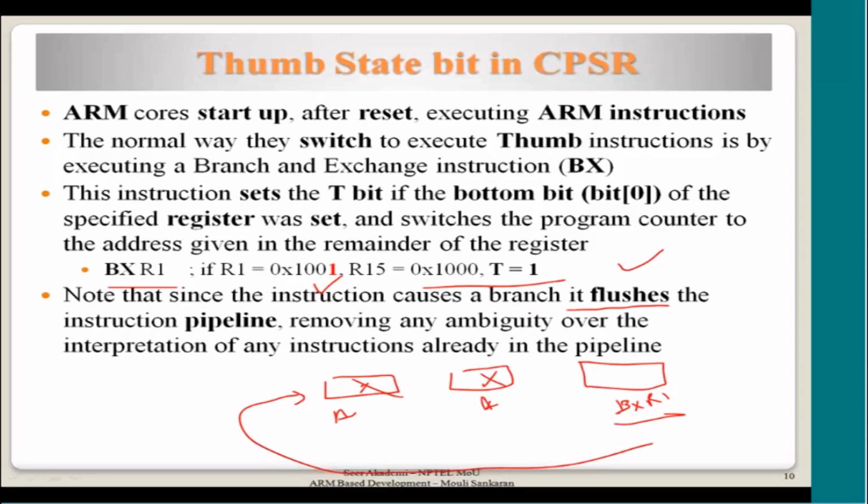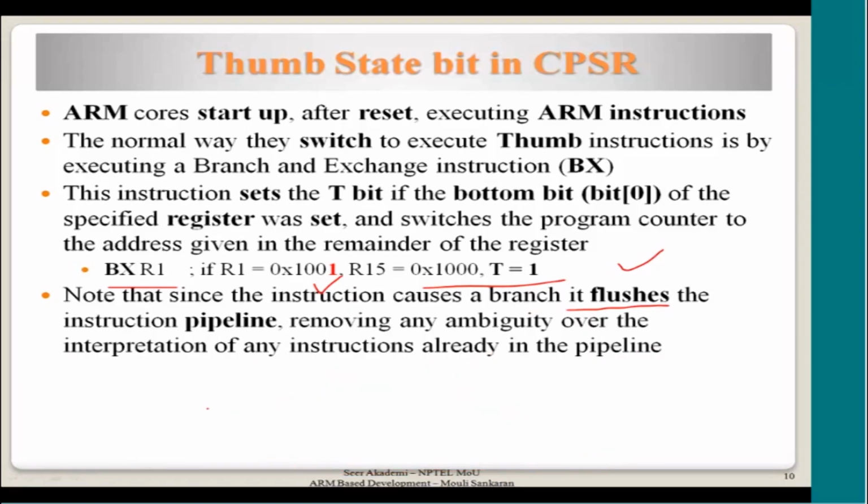Because the T bit is set, the thumb instruction coming into the decode stage will be decompressed, and then execution starts. The previous instructions which were fetched, which happen to be ARM instructions, are all ignored. They are flushed out of the pipeline.